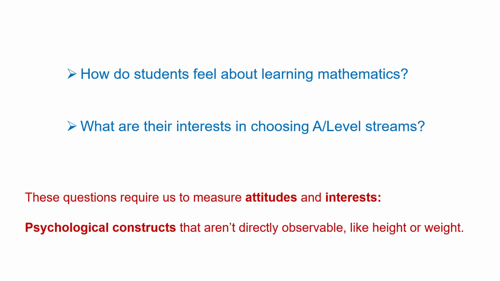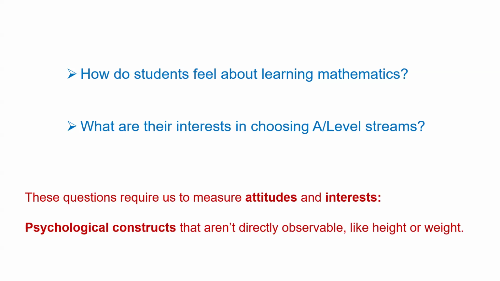That means they are not directly observable, like height and weight. One's feeling can be observed: you may say when he's crying, he's sad, or when he's arguing, he's angry. But how much he is angry, how much he is feeling, can you say?